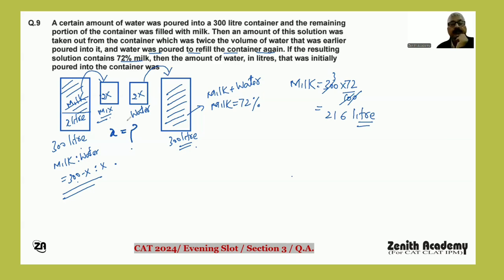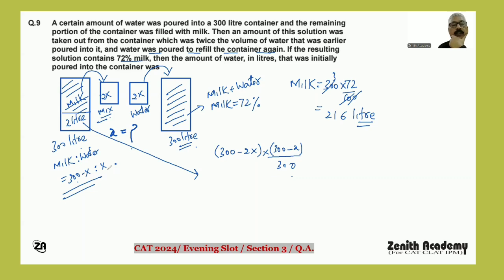It means when you take 2x liters of mixture out from this mixture, then milk in 300 minus 2x will be 300 minus x upon 300.